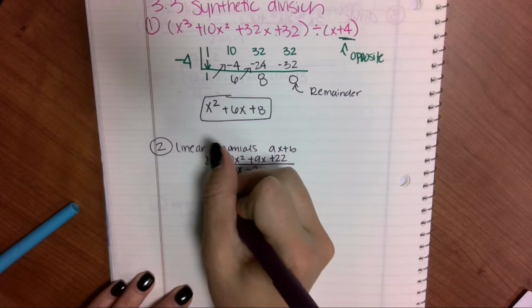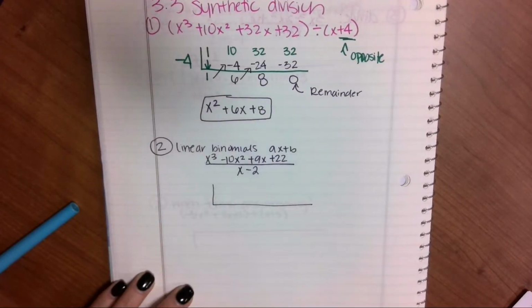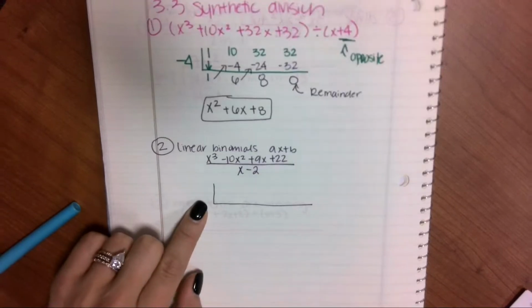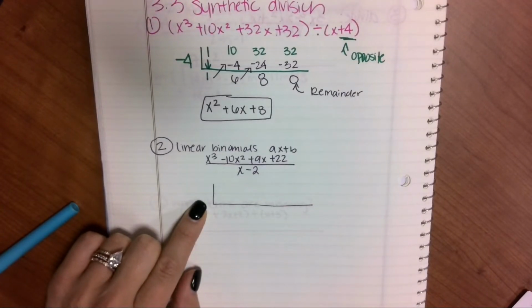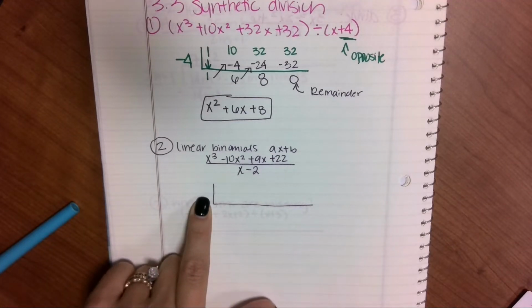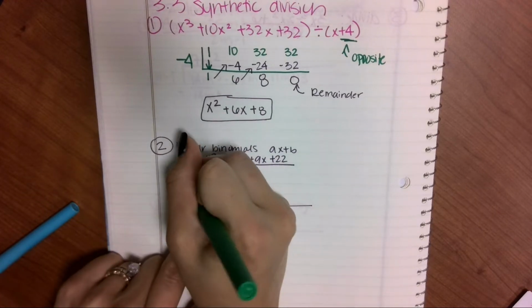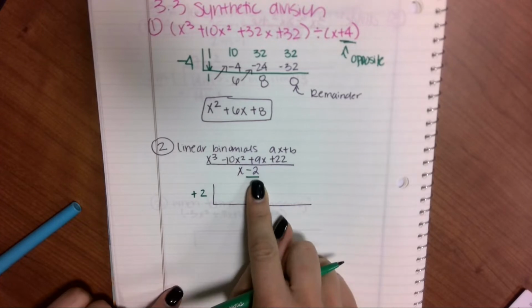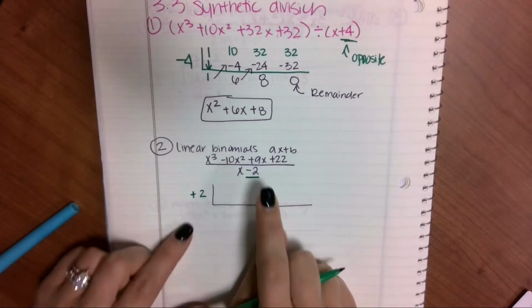We don't need to plug in any placeholders. What's going on the outside to the left? Just a positive 2, right? We're doing whatever the opposite of this sign is. This is minus 2, so we're doing a plus 2.